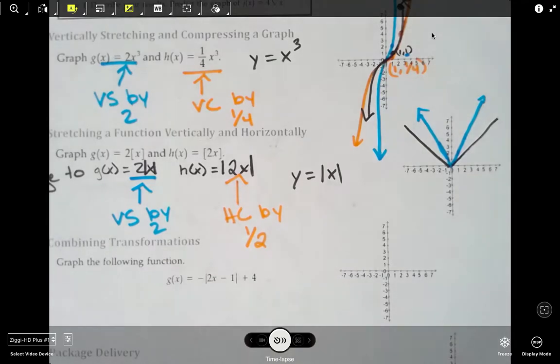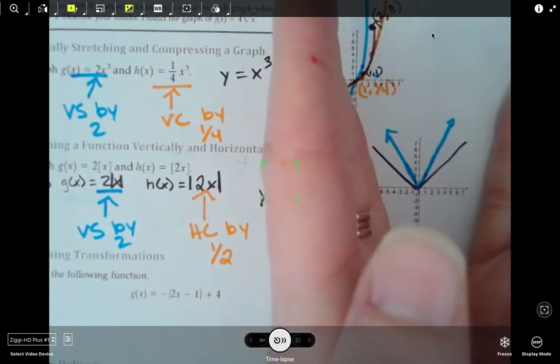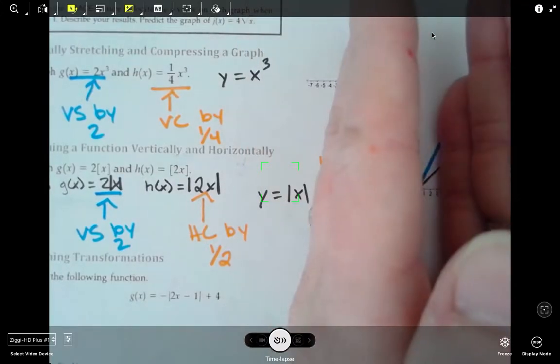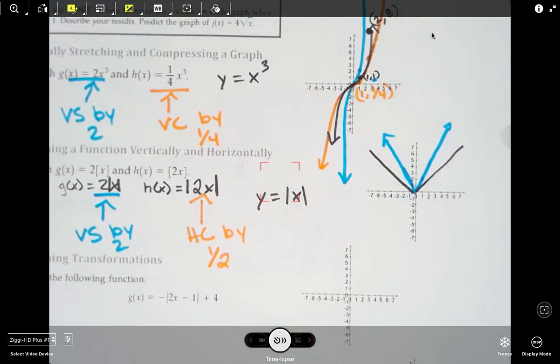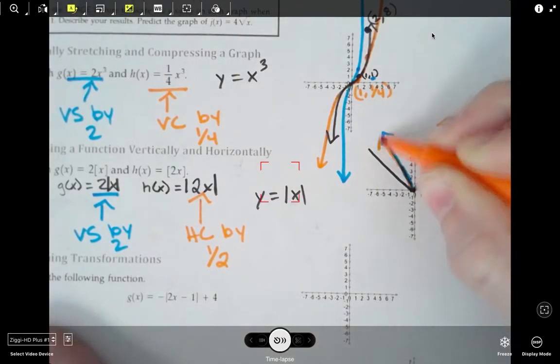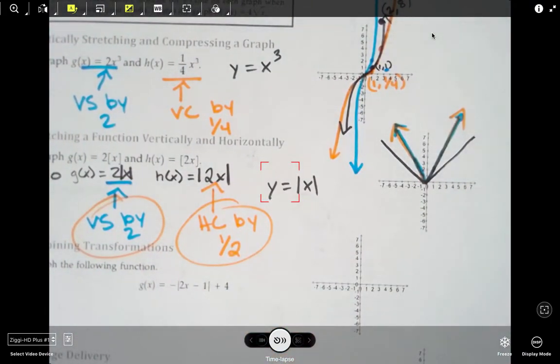Okay, so horizontal compression by 1/2. What's a horizontal compression by 1/2 going to look like? It's going to look exactly like a vertical stretch by 2. If I take the original one and I compress him and make him half as wide, he's going to be exactly like the one that I have right now. So a lot of times, when I have vertical stretches, they look like horizontal compressions by the reciprocal factor.